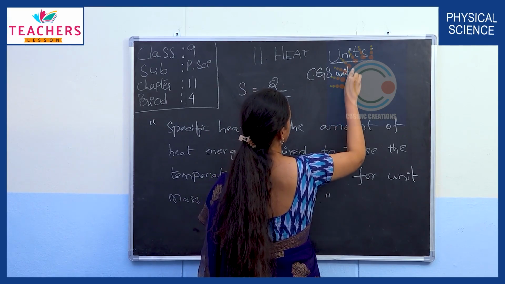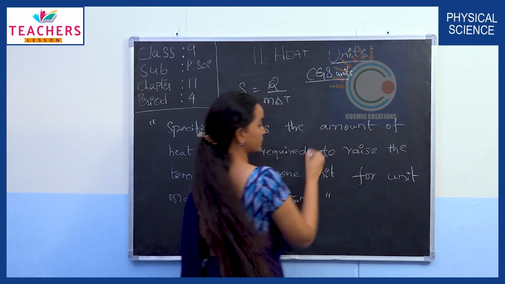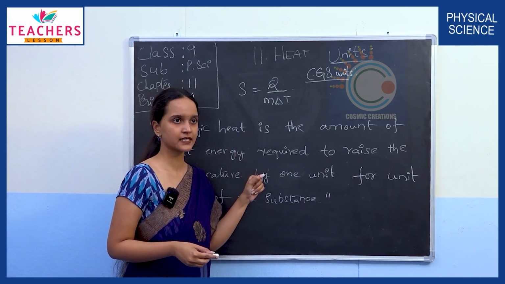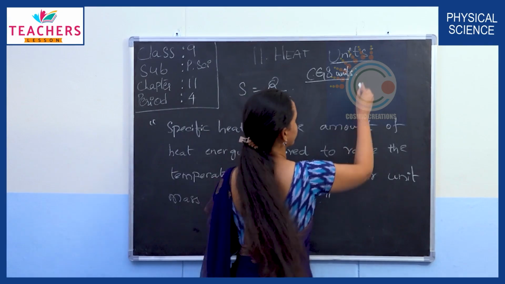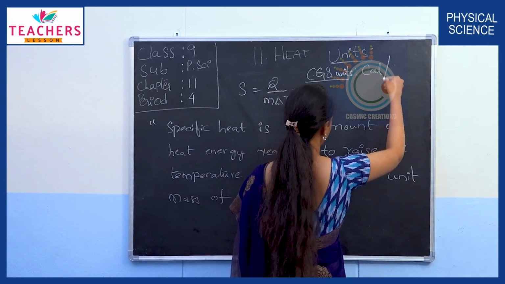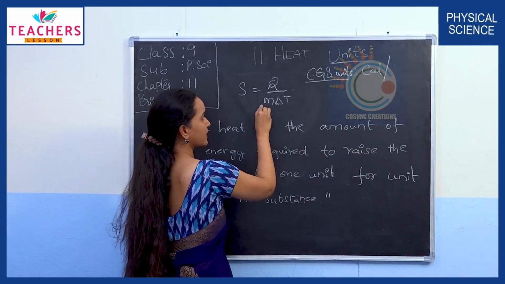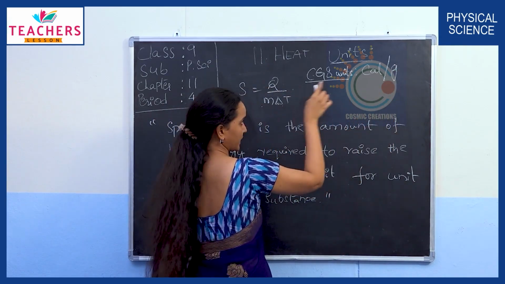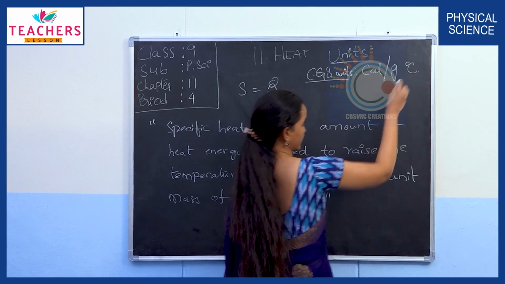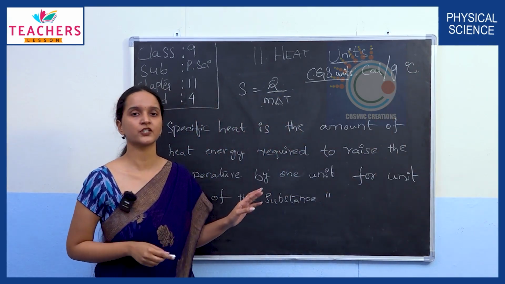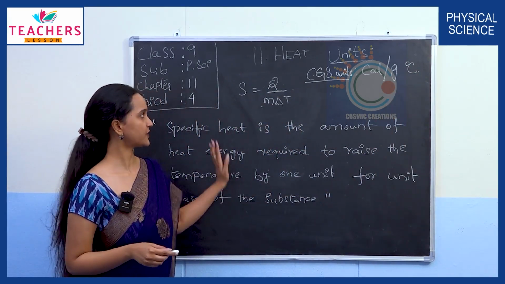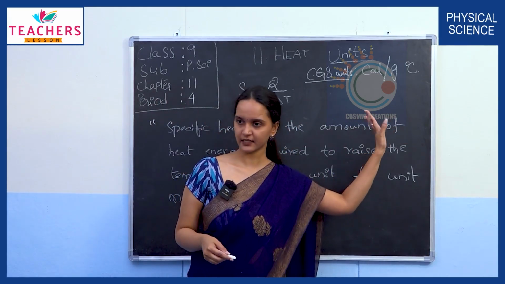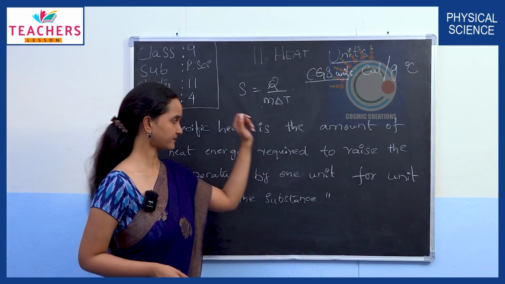CGS units. Let's first look at what CGS units would be. The CGS unit for heat is calorie, divided by, per CGS unit for mass is gram, and for temperature it is degrees Celsius. So the CGS unit of specific heat capacity is calorie per gram degree Celsius. Understand?